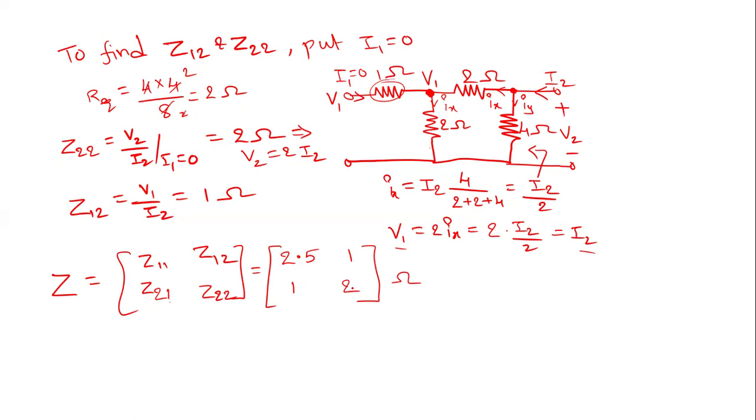Now let us find the Y parameters for the given two-port network. The same network, let us consider once again, draw this circuit. So 1 ohm resistor, 2 ohm resistor, 2 ohms, 4 ohm resistor.